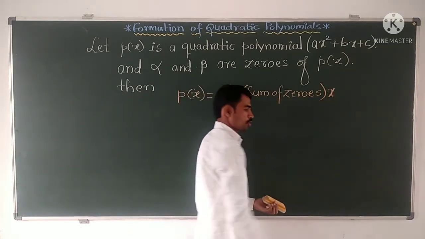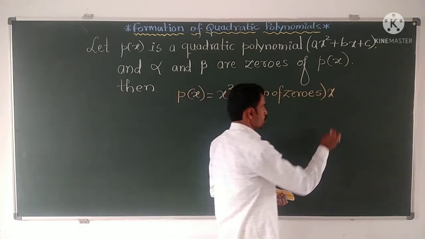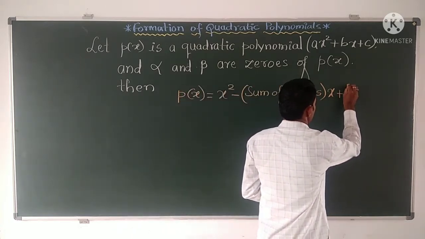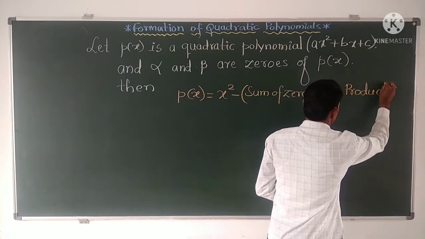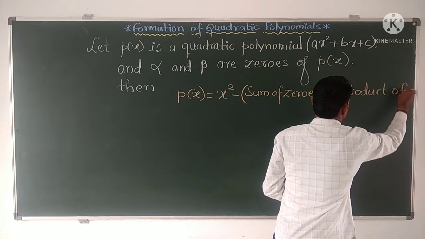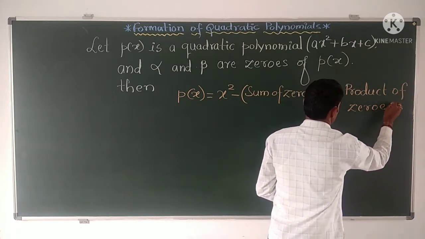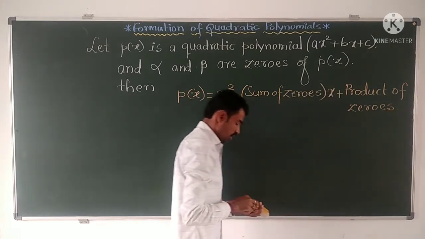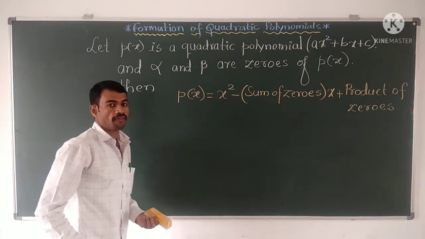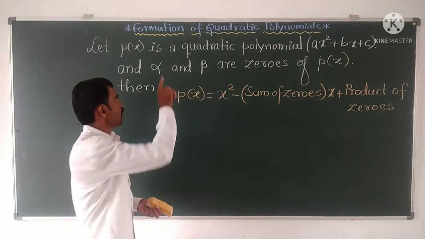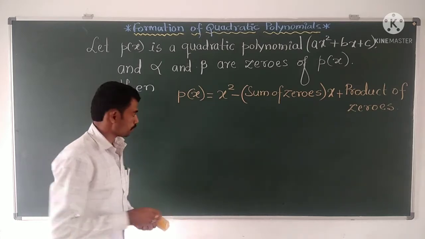Yes, the coefficient of x should be the sum of zeros, plus the product of zeros. If we use this formula, then easily we can form the given quadratic polynomial.